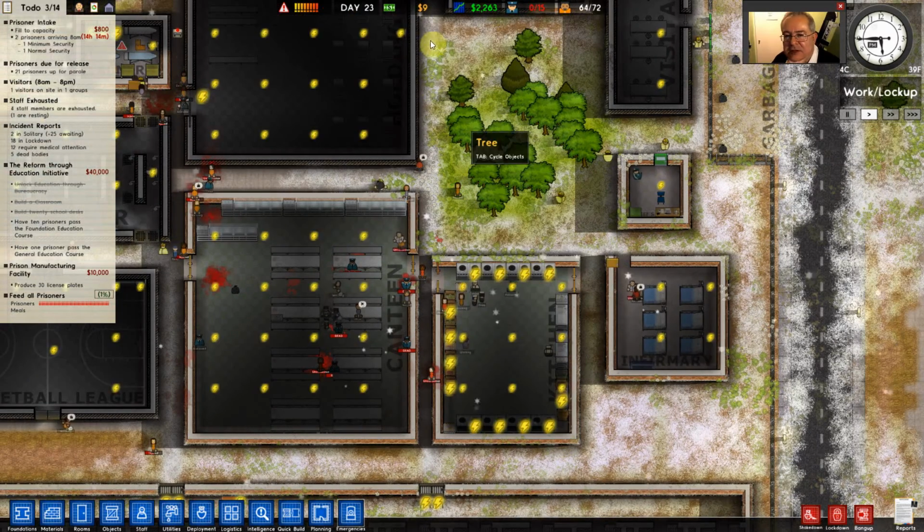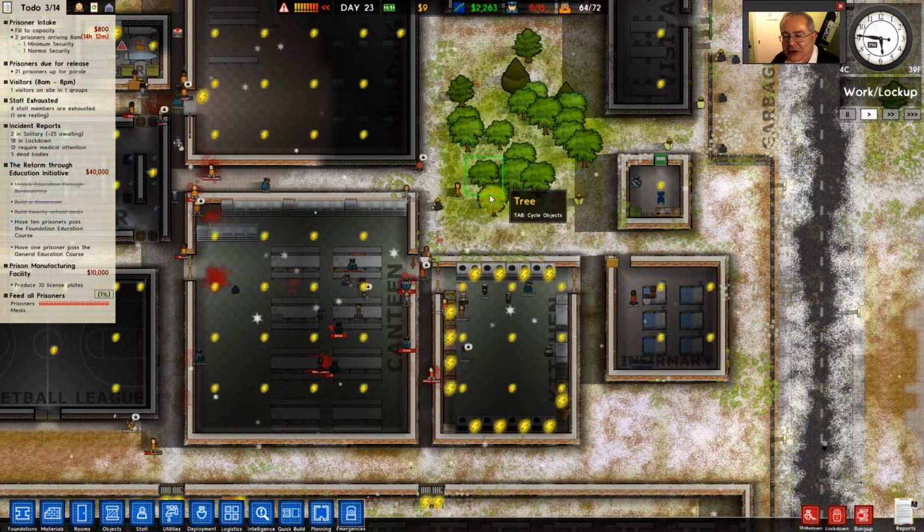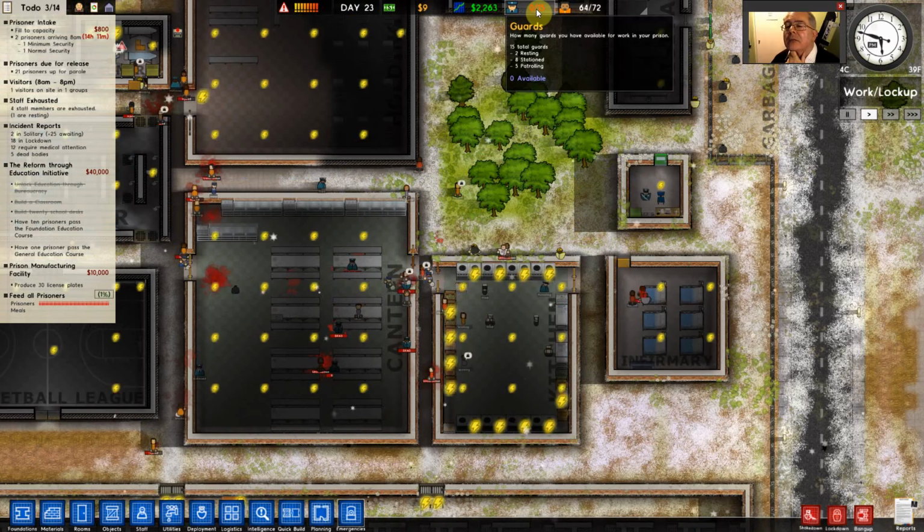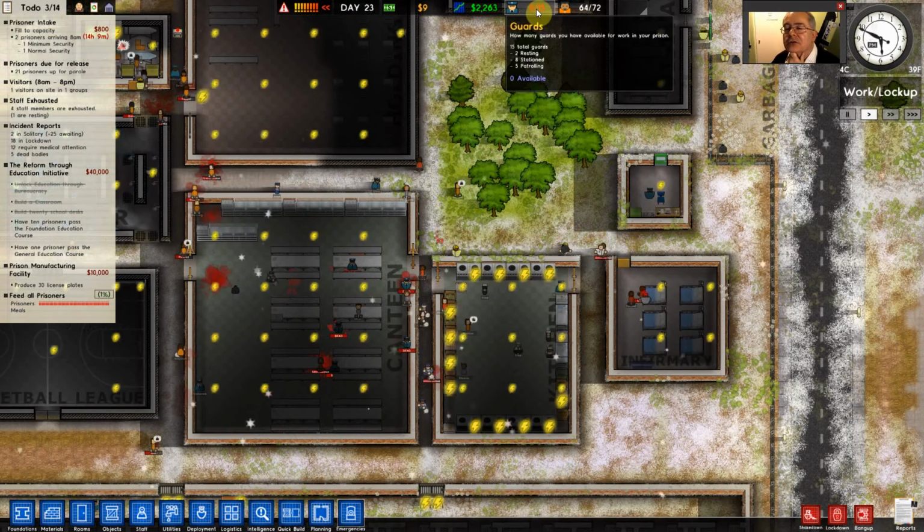I don't have enough money to hire more guards, so I have like... Oh, I still have 15 guards, that's good. Phew.